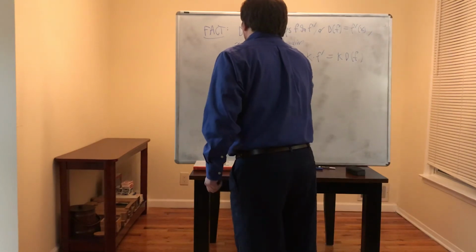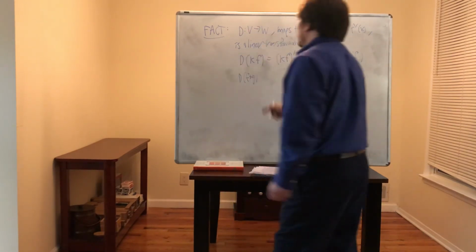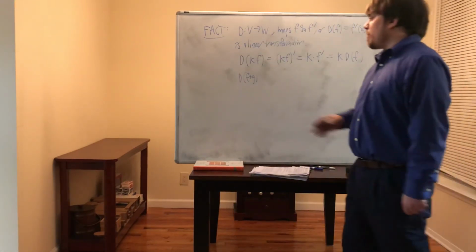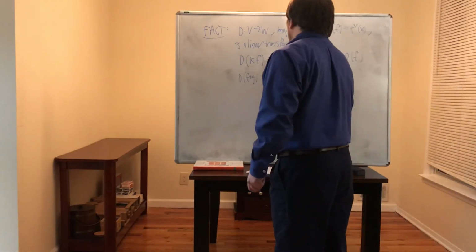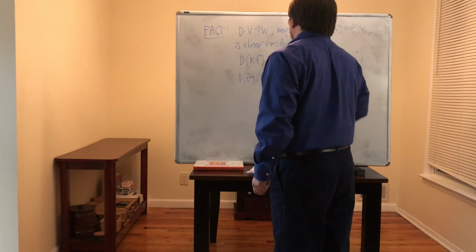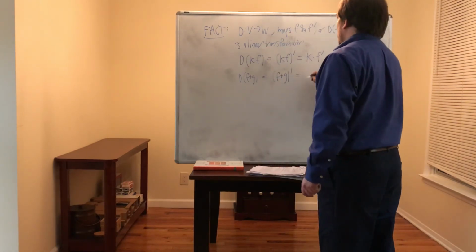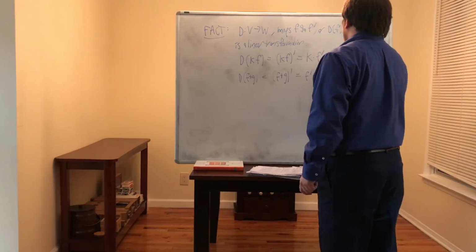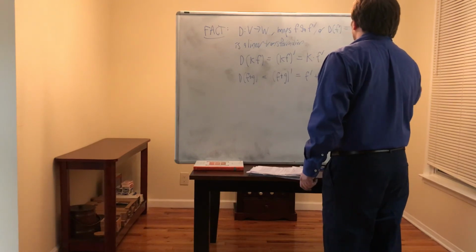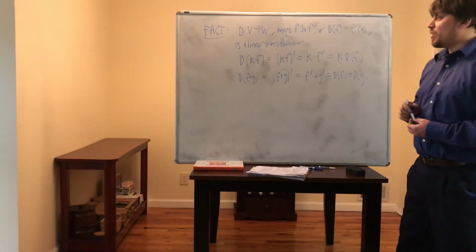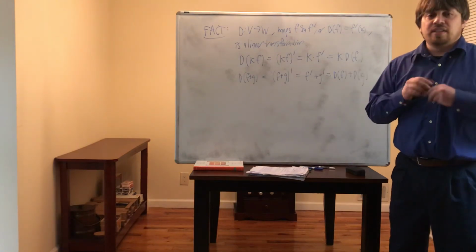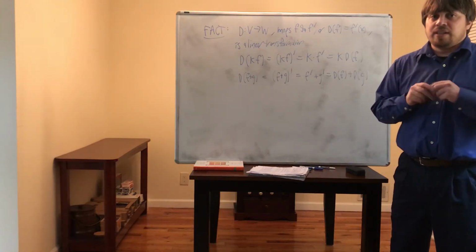And then if you take D of f plus g, where f and g are two functions in the vector space capital V, they're two functions that are differentiable on the real line, then this is equal to the derivative of f plus g. But then the derivative of f plus g is the derivative of f plus the derivative of g. That's equal to D of f plus D of g. And so I just showed that D of f plus g equals D of f plus D of g.